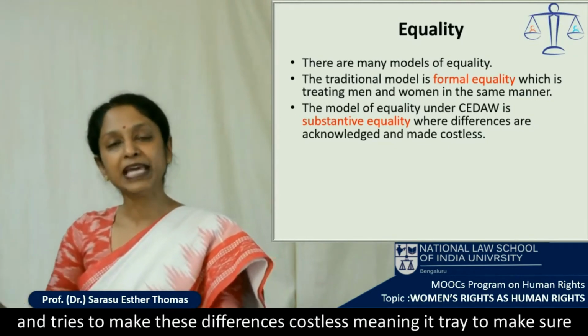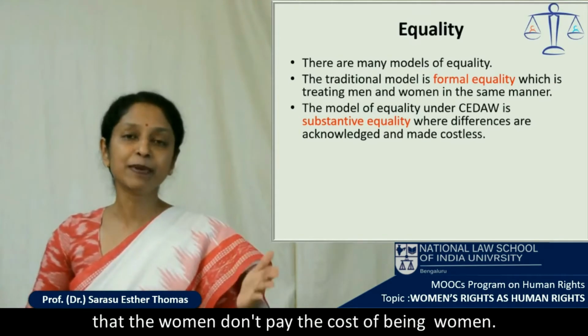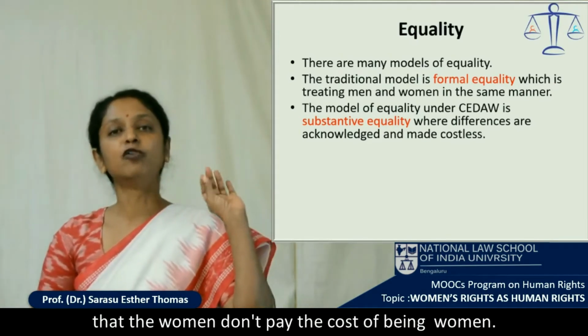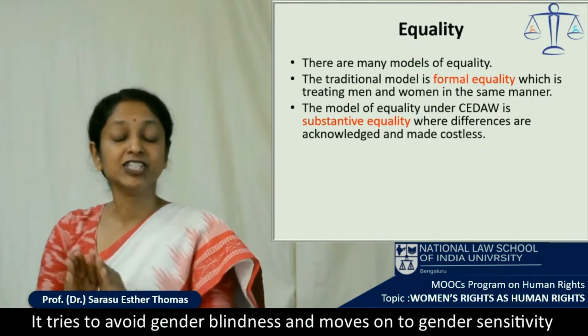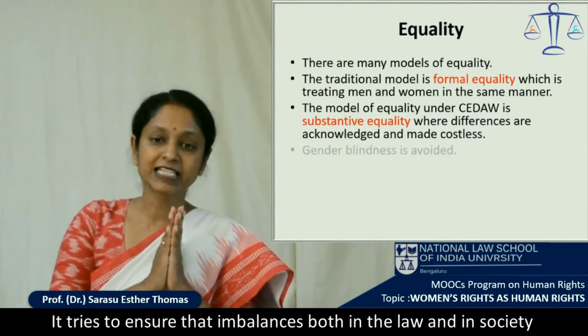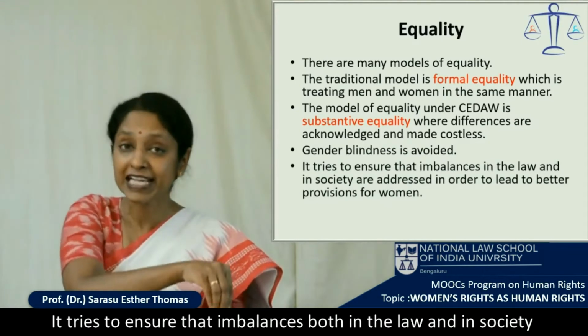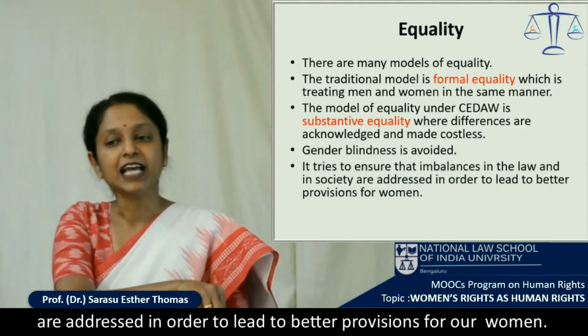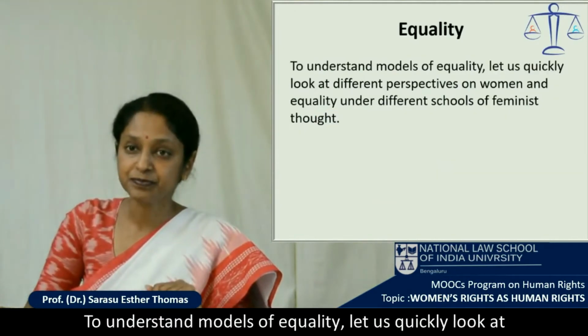And it tries to make these differences costless, meaning it tries to make sure that women don't pay the cost of being women. It tries to avoid gender blindness and moves on to gender sensitivity. It tries to ensure that imbalances both in the law and in society are addressed in order to lead to better provisions for all women.